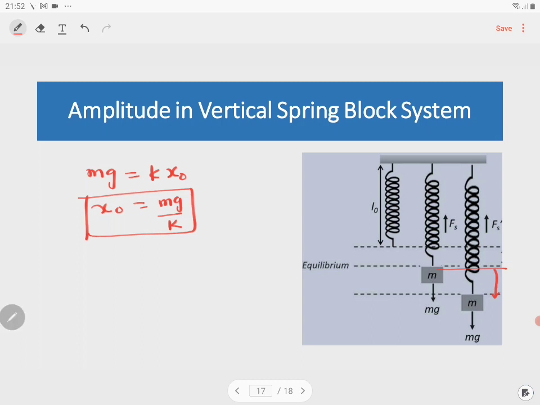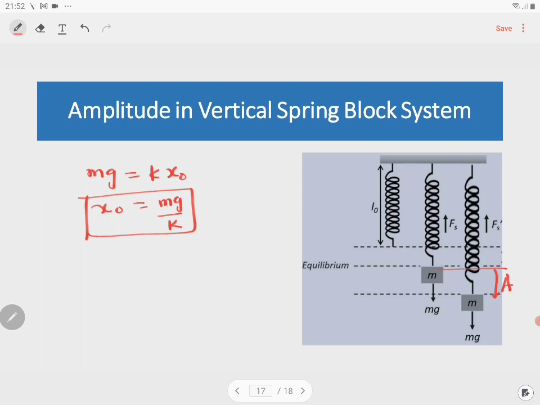After attaching the block to the unstretched spring, if we slowly release the block, it will come to equilibrium position. It will not execute SHM. But if you suddenly release the block, it will execute SHM. It will go beyond its equilibrium point. To what extent it will go beyond its equilibrium point, that will be the amplitude.